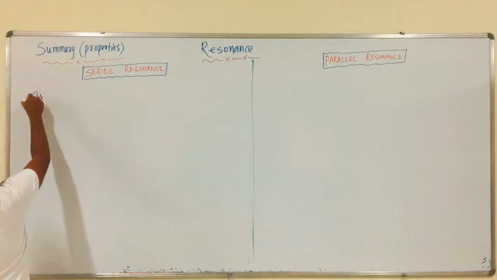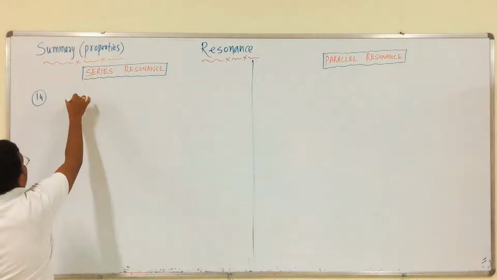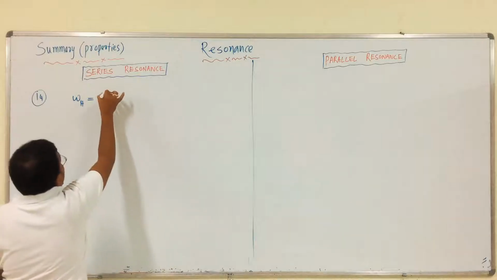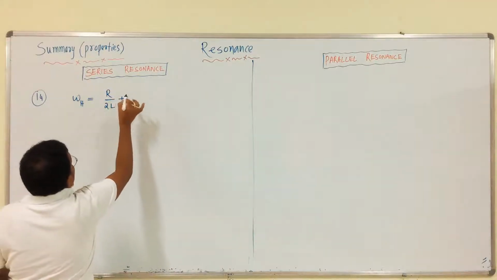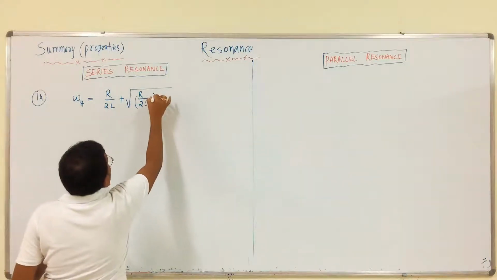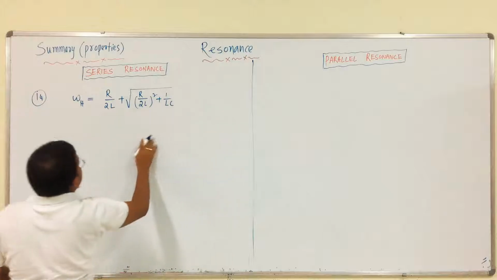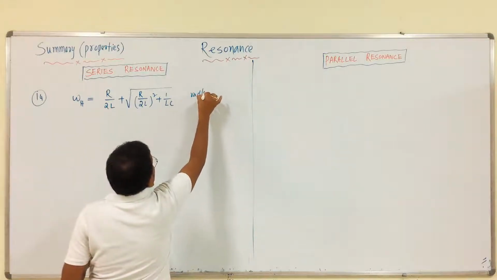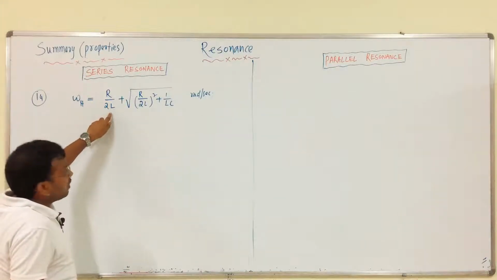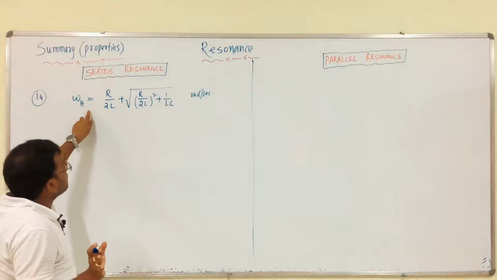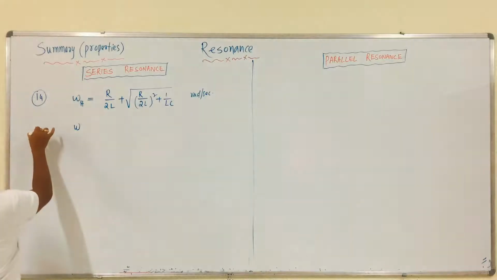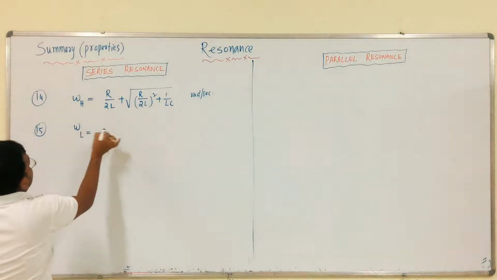Next, 14th observation from this series resonance, that is, upper cutoff frequency or higher cutoff frequency is nothing but R by 2L plus square root of (R by 2L) whole square plus 1 by LC radians per second. In case of hertz, you have to multiply it with what? 1 by 2 pi, that is it. Here I am providing with respect to radians per second only. Next, 15th observation, lower cutoff frequency is what?